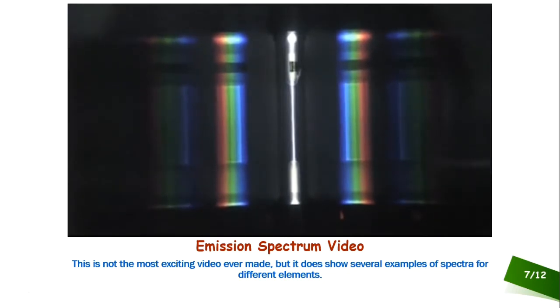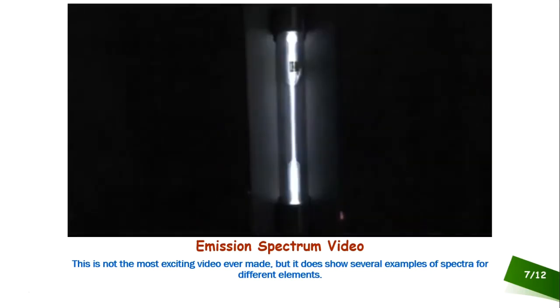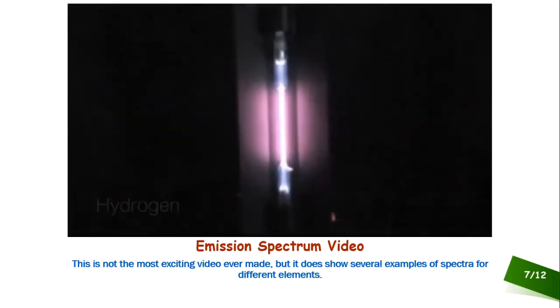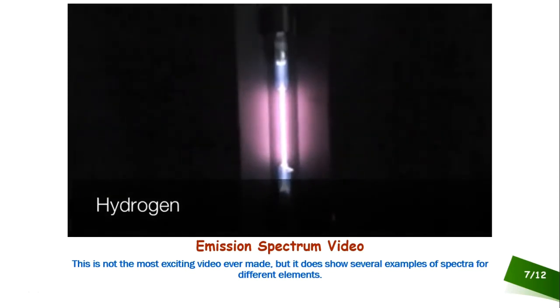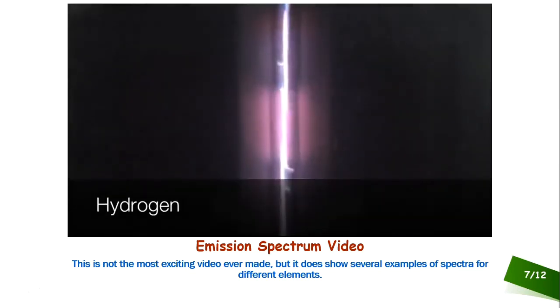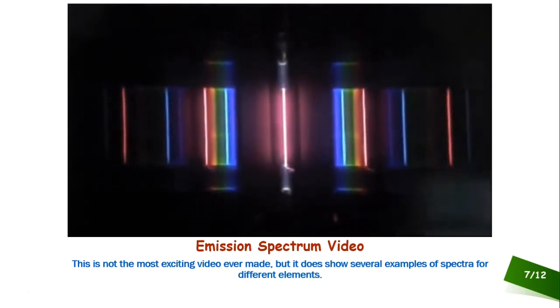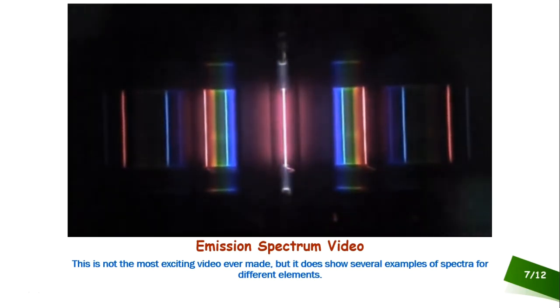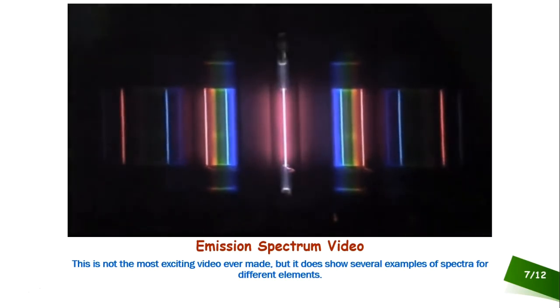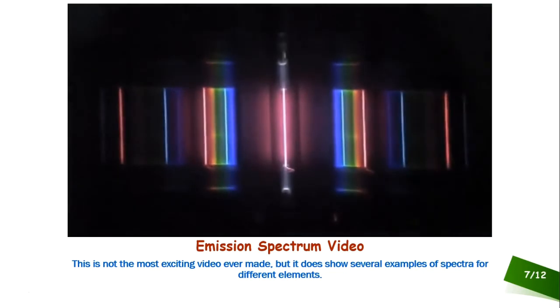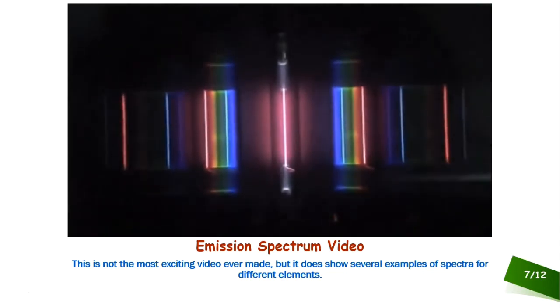Each line corresponds to one exact frequency of light emitted by the atom of xenon. The emission spectrum of each element is like a person's fingerprint. Just as no two people have the same fingerprints, no two elements have the same emission spectrum. In the same way that fingerprints identify people, atomic emission spectra are useful for identifying elements.